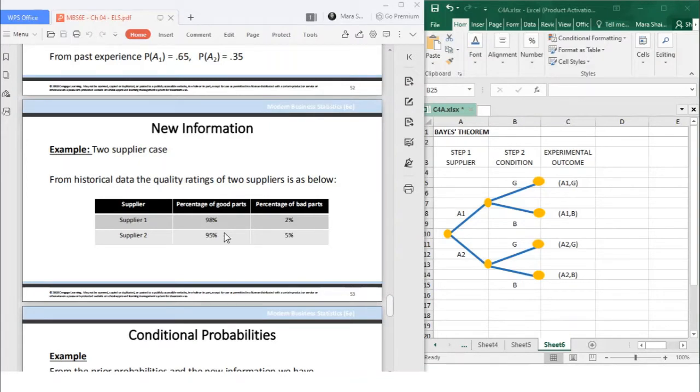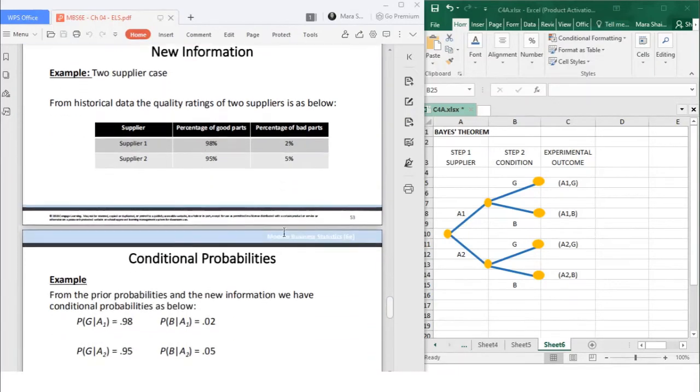This is already an example of your conditional probability, because these are given. Given supplier 1, the probability of receiving good parts is 98%. Given supplier 2, the probability of receiving bad parts is 5%. This data is already conditional probability data.